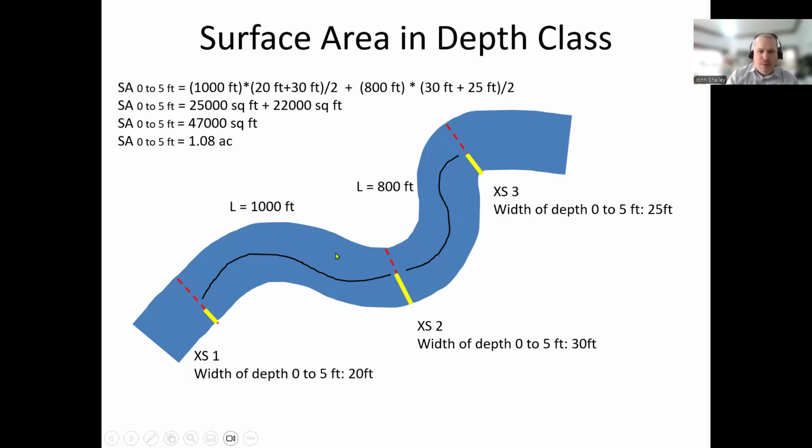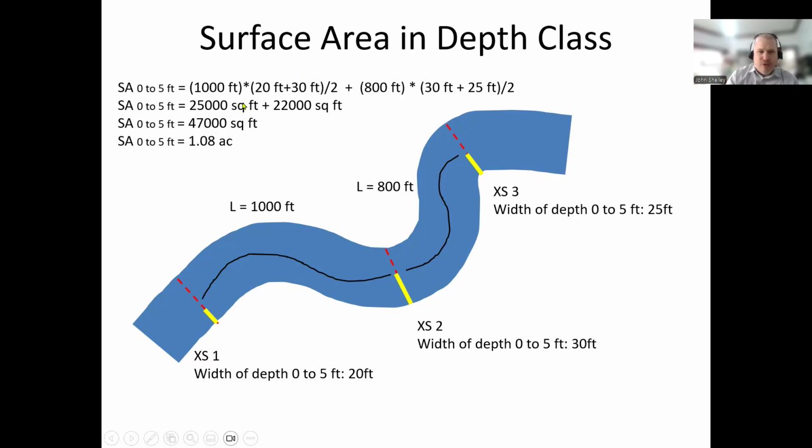Oh no, I'm looking here from 0 to 5. Okay, so at cross section 1, the width of that depth is 20 feet. Cross section 2, the width of that depth is 30 feet. So to go from the surface area from 0 to 5 feet, we've got 1,000 feet, this length in between.